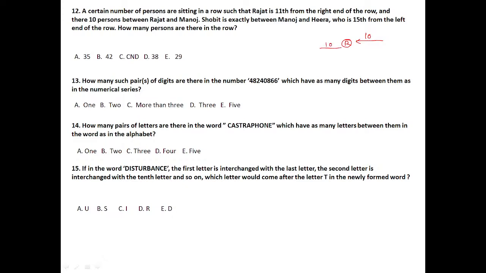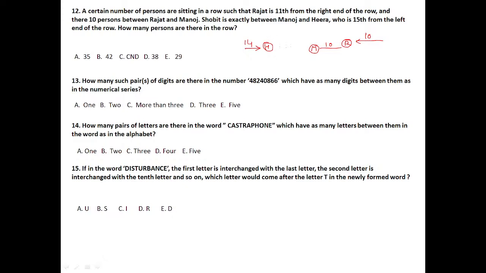So here are 10 persons, here is Manoj, and now Shobit is exactly between Manoj and Hira, who is 15th from the left end of the row. If I take that there is no overlapping condition, then 15th from the left end means 14 persons are already there to the left-hand side of Hira, and Hira himself is the 15th person from the left.